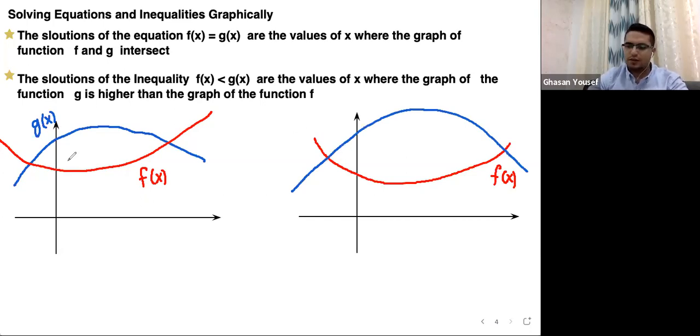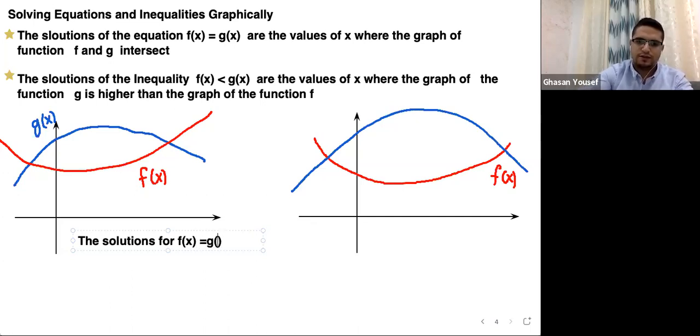So for the first one, looking for the solutions of f equal g, the solutions for f of x equal to g of x, we're looking for the intersection between both functions.